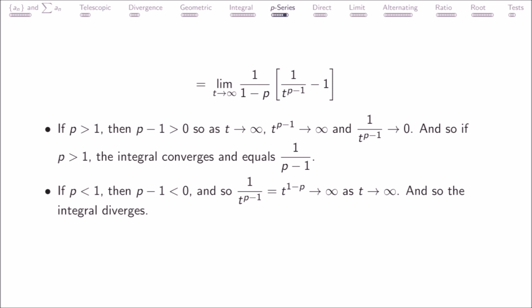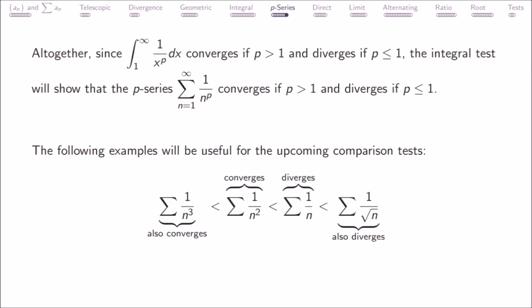If p is less than 1, then we have the following, and so the integral diverges. Altogether, since the integral converges if p is greater than 1 and diverges if p is less than or equal to 1, the integral test will show that the p-series converges if p is greater than 1 and diverges if p is less than or equal to 1.